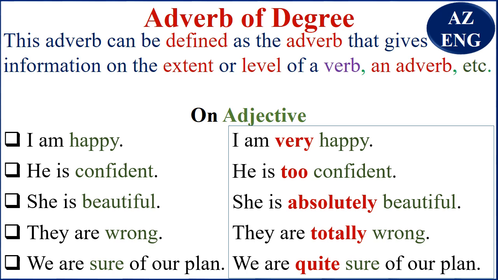So you see, quite modifies the adjective sure. So the adverbs of degree are very modifying happy, too modifying confident, absolutely modifying beautiful, totally modifying wrong, quite modifying sure. I hope that was not difficult.